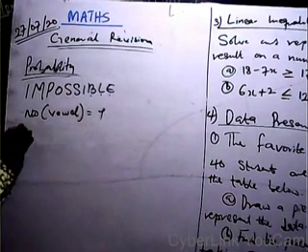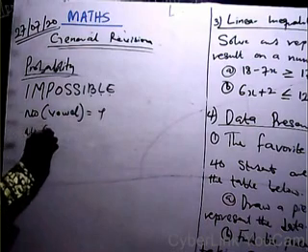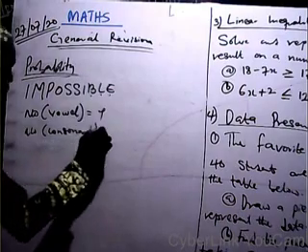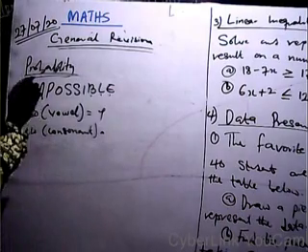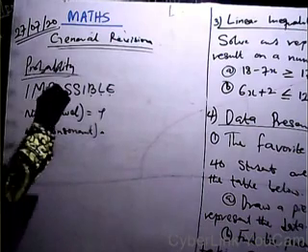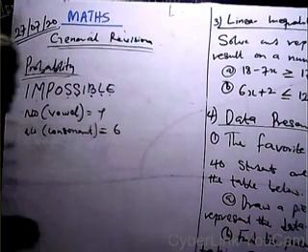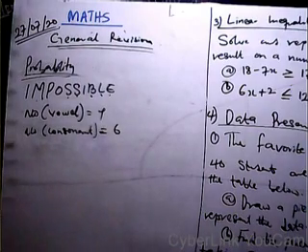Number of consonants is what? Consonants now: 1, 2, 3, 4, 5, 6. We have 6 consonants.